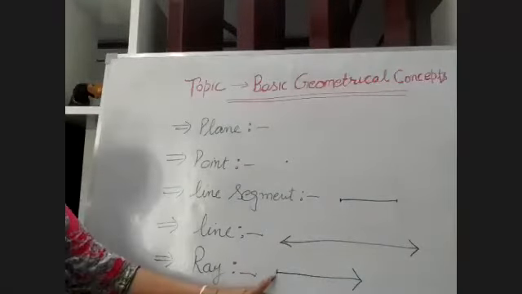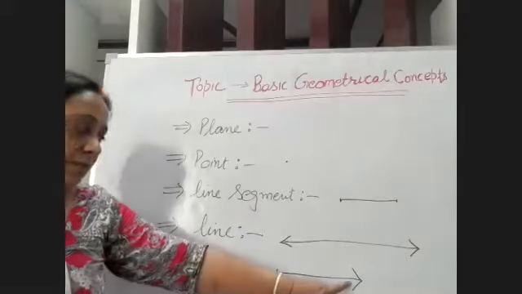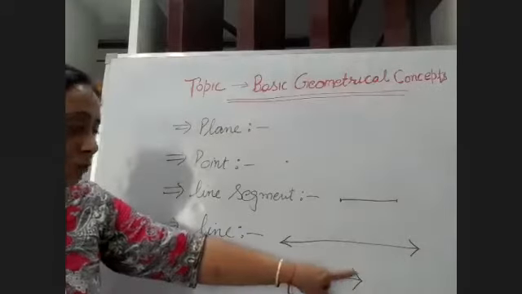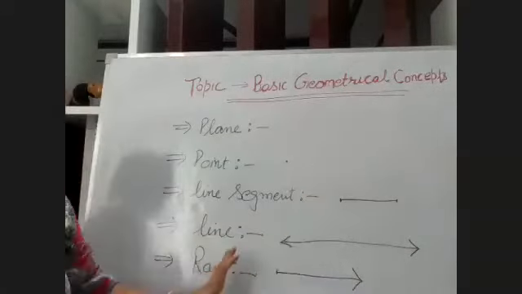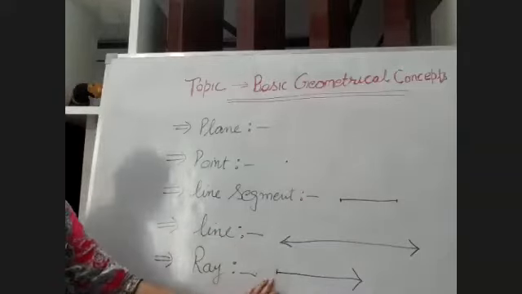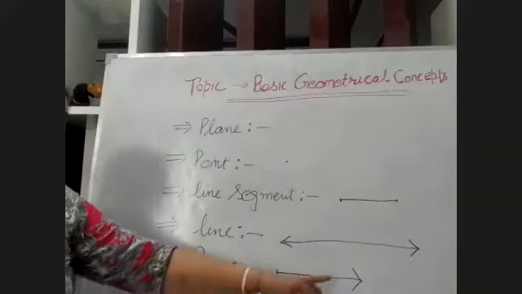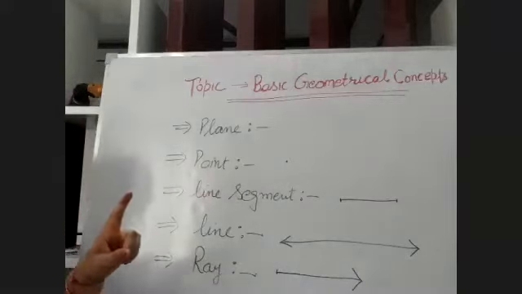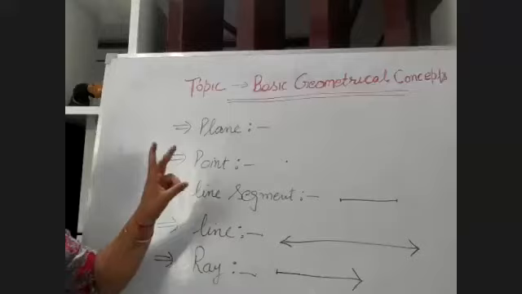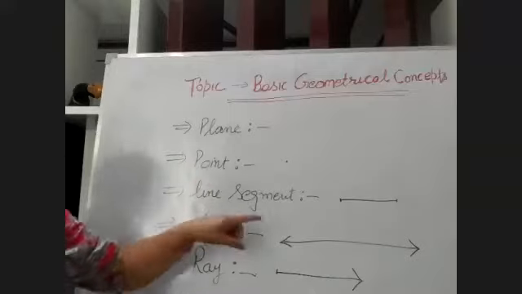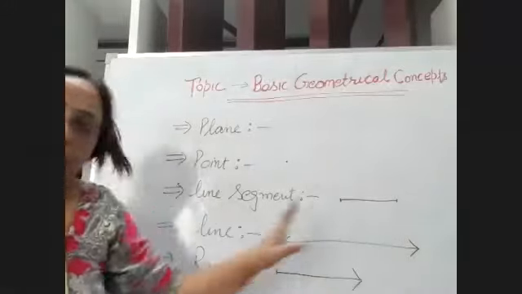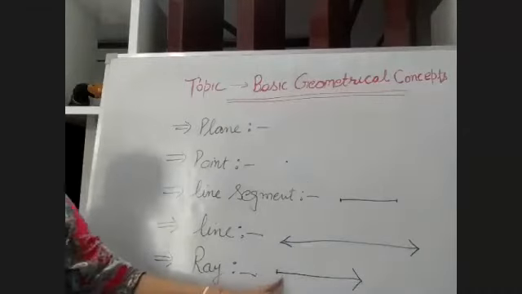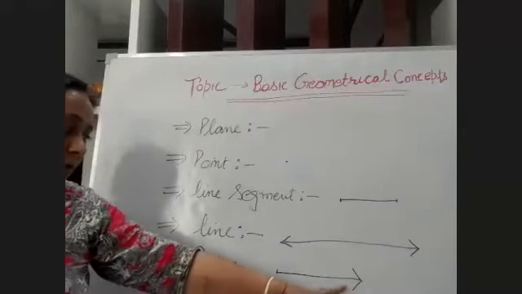First, mark a point, then draw a line with the help of a scale, and it doesn't have any end point. A ray has an initial point, but it doesn't have an end point. You can extend a ray in one direction, but a line can be extended in both directions.